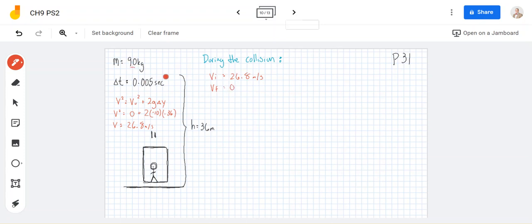We know the mass is 90, so we can calculate the impulse. If the impulse is equal to mass times the change in velocity, 90 times final minus initial. Actually, what's interesting is you had to take the square root here, but it's moving downwards, so this will actually be negative also. 0 minus a negative 26.8.